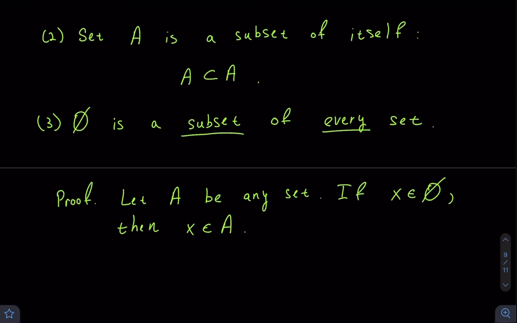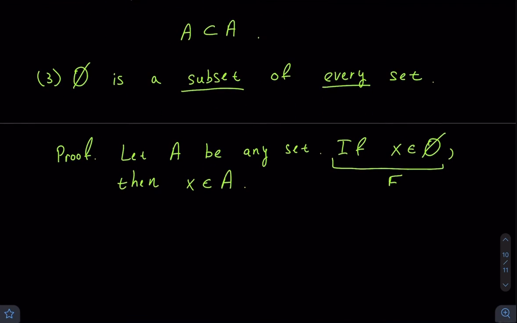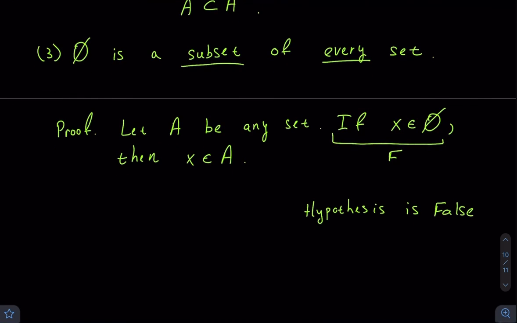So because this is a false hypothesis, when your hypothesis is false, it doesn't matter what the truth value of your conclusion is. It could be false or true, but when your hypothesis is false, that makes your if-then statement true.